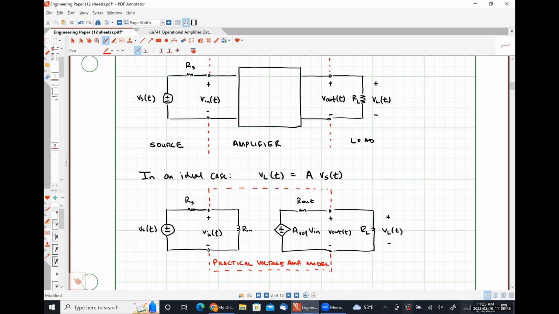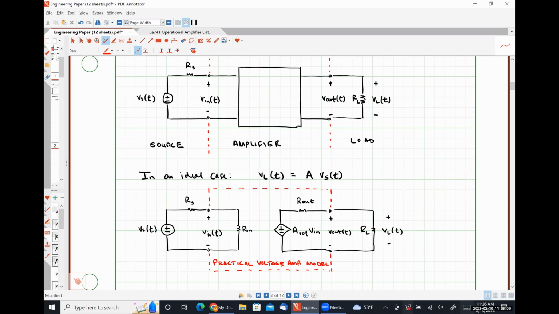Okay. So the purpose of this model is to represent any amplifier circuit, or excuse me, any voltage amplifier circuit by its input resistance R in, its output resistance R out, and its open loop voltage gain. So AVOL means, A is gain.